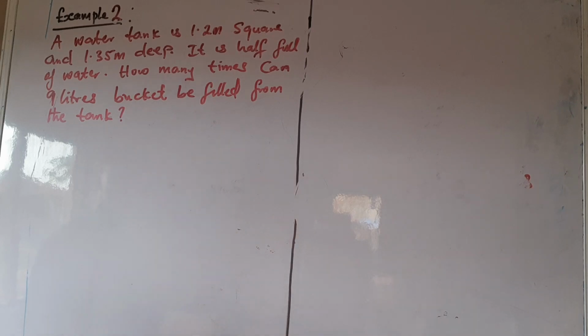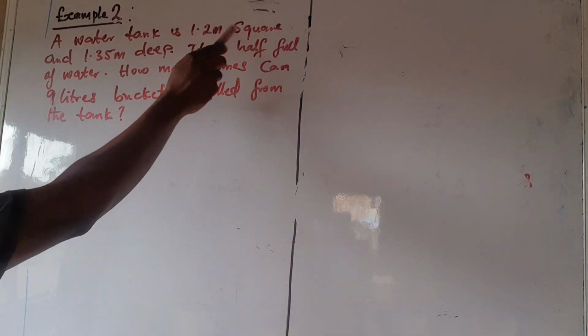Let's look at this second example. A water tank is 1.2 meters square and 1.35 meters deep. It is half full of water. How many times can a 9 liter bucket be filled from the tank? From this question, the water tank is 1.2 meters square.